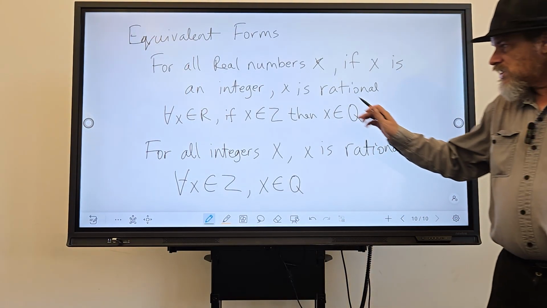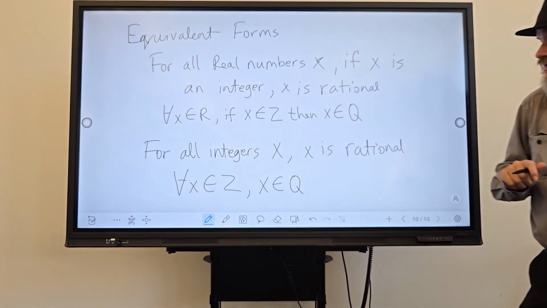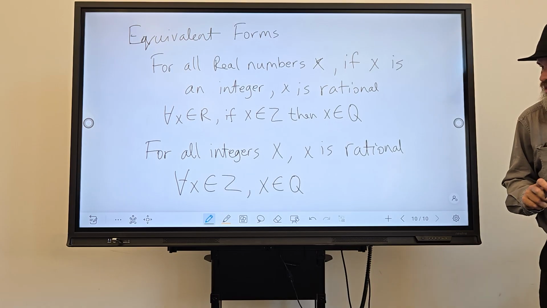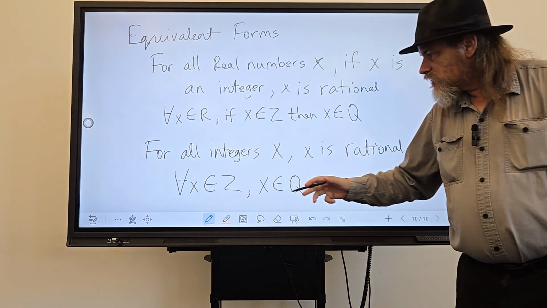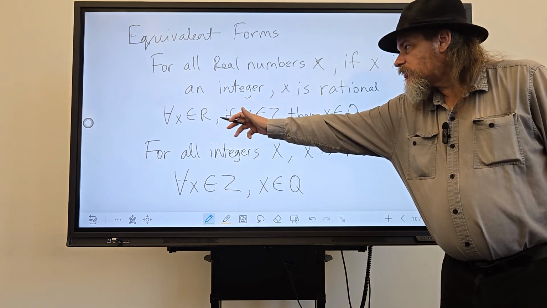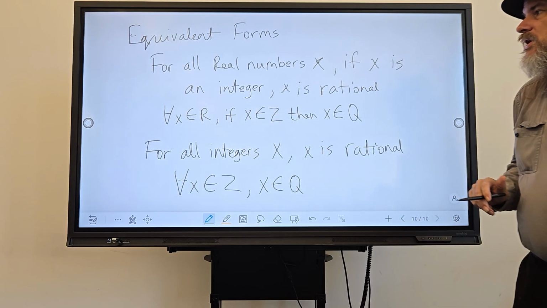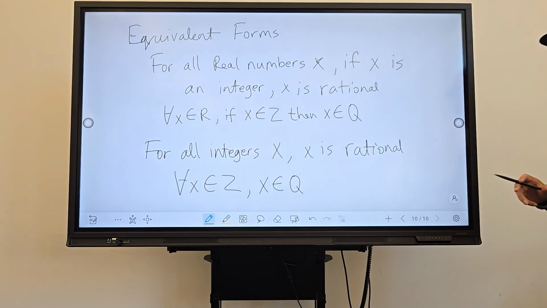You can consolidate and write it in a more simplified form. The reverse is also true. You can expand it out: because Z is a subset of R, you can write if x is an element of Z, then x is an element of Q.